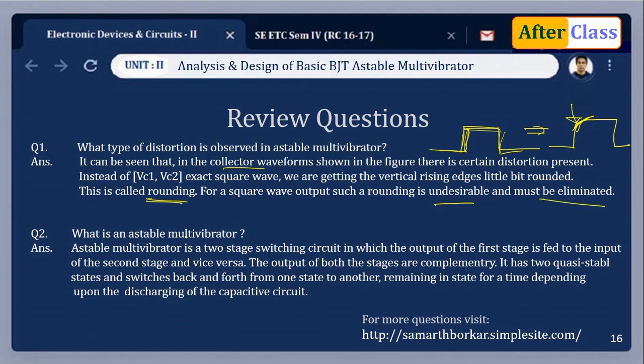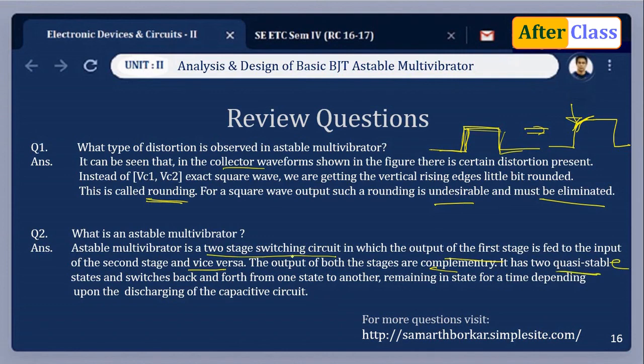And next, what is an astable multivibrator? It is a two-stage switching circuit in which the output of the first stage is fed to the input of the second stage and vice versa. The outputs of both stages are complementary. So when one's output is high, the other output has to be low for that time interval. It has two quasi-stable states.